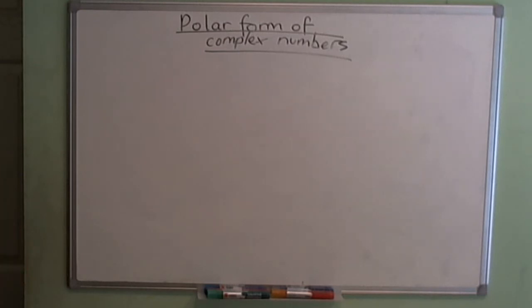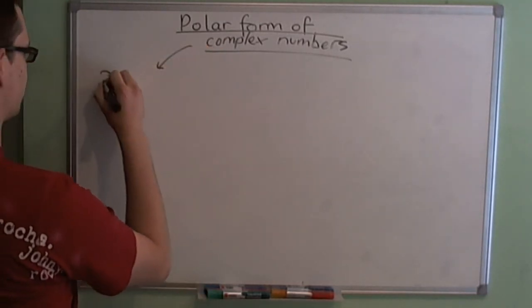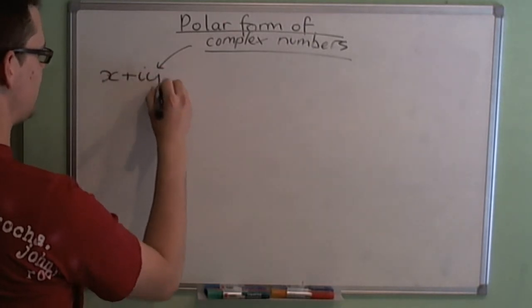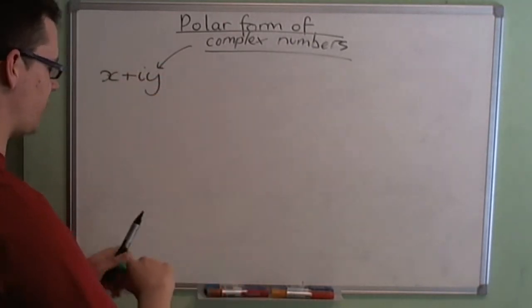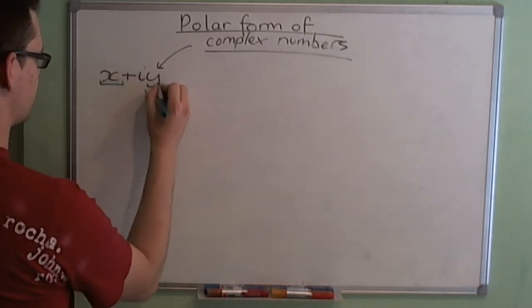You'll have known previously that complex numbers can be written in the form x plus iy, where x and y are both real numbers.